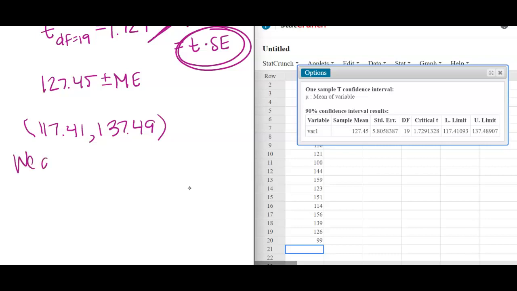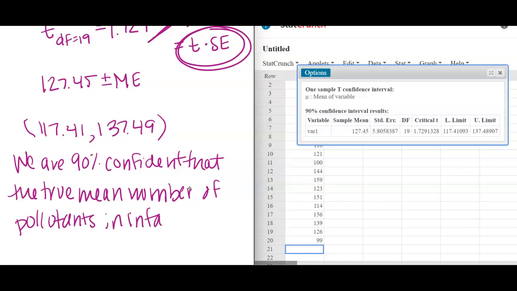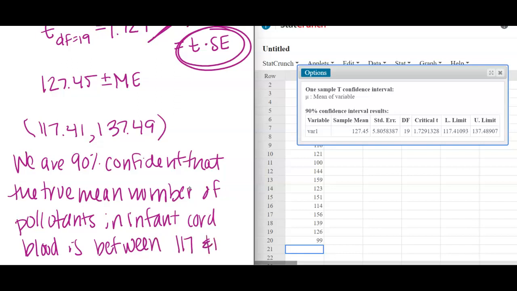And so we are 90% confident that the true mean number of pollutants in infant cord blood is between, let's just round this, 117 and 137. And that's it.